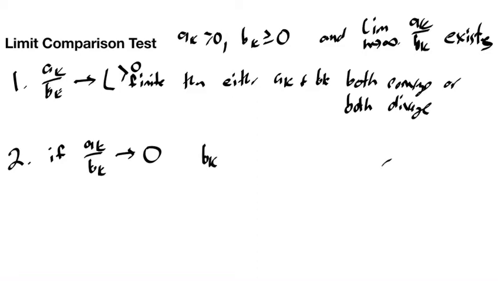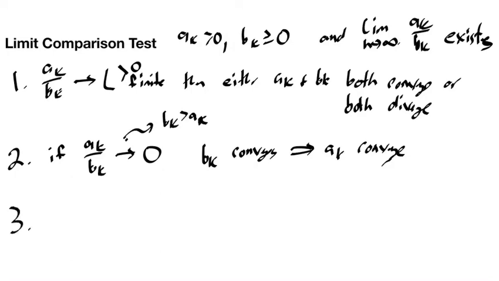That would mean that if the b sub k's converge, then the a sub k's also converge, because the b sub k's are infinitely bigger than the a sub k's. So if the b sub k's converge, then the a sub k's are smaller and must also converge.